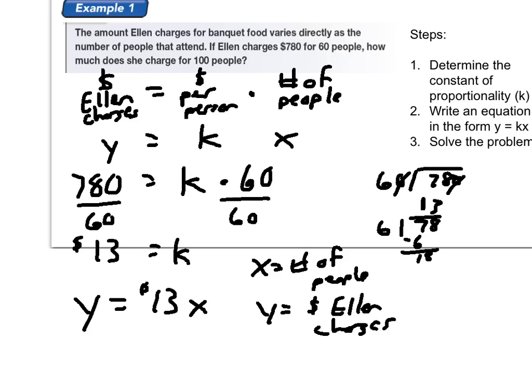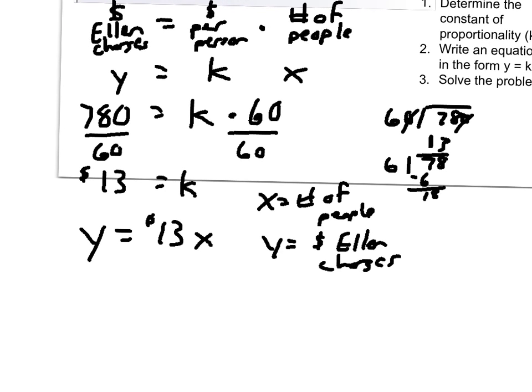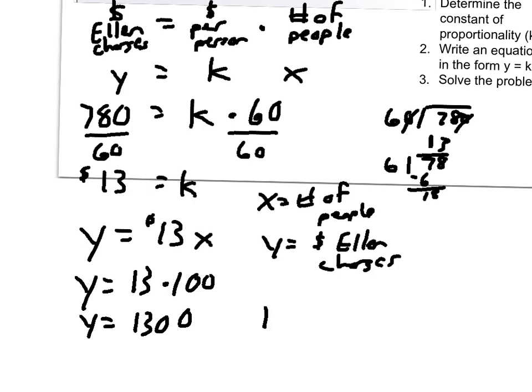Well, now I want to figure out how much money she's going to charge for 100 people. So I'm going to plug in 100 for my number of people variable, which is x. So y equals $13 per person times 100 people. So that means that y is 1,300. So she charges $1,300 for 100 people.